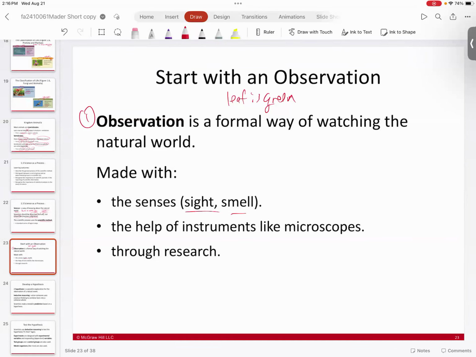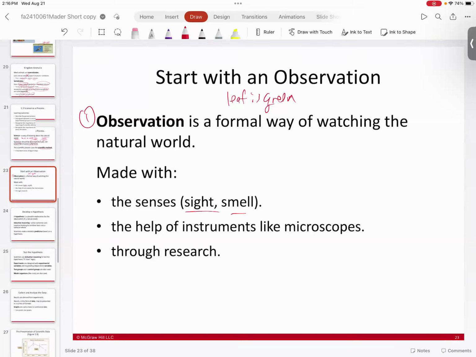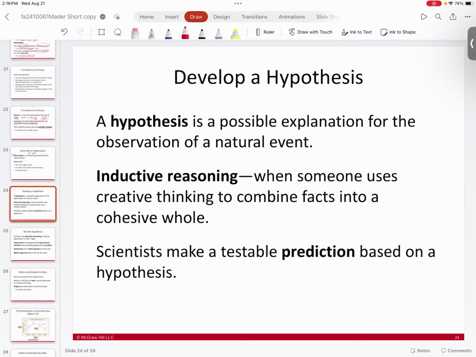The problem is he's on this walk with a poet who sees the same thing. The leaf is green. So they see the same observation. Now, the important thing is not what they see, but what they do with it. The next step is going to be a question. The poet and the pre-scientist are going to be asking a different question.